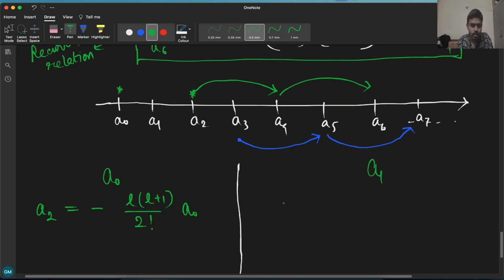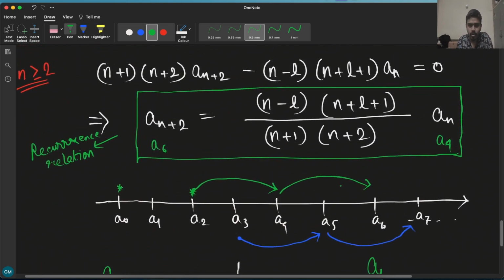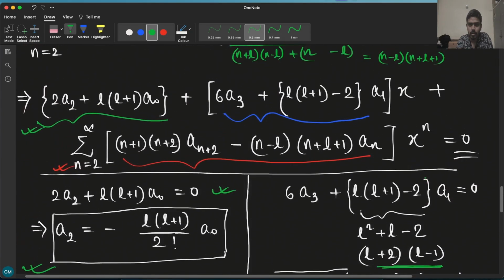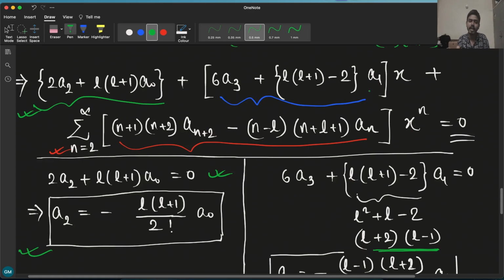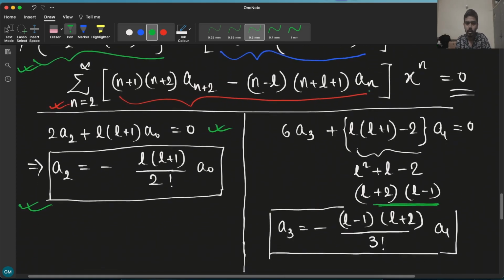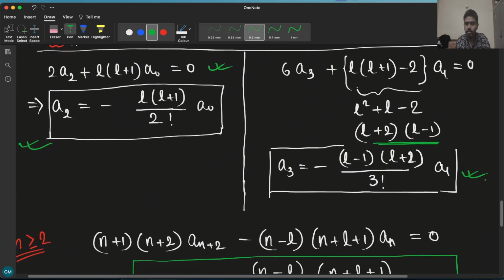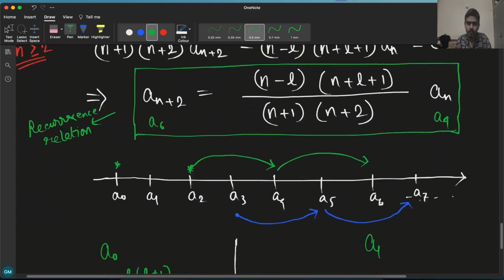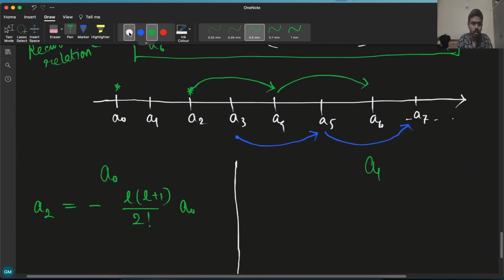For this side, a1, making the coefficient of x equals to 0, I got this relation. It basically gives a3 in terms of a1. Let me write it in blue.